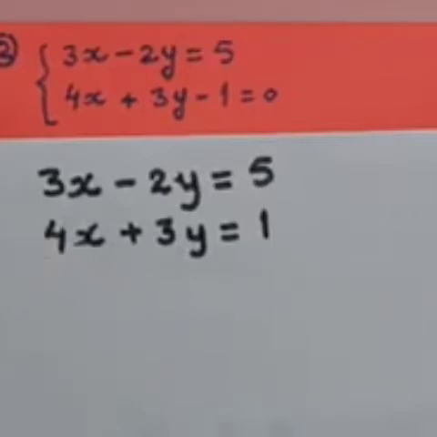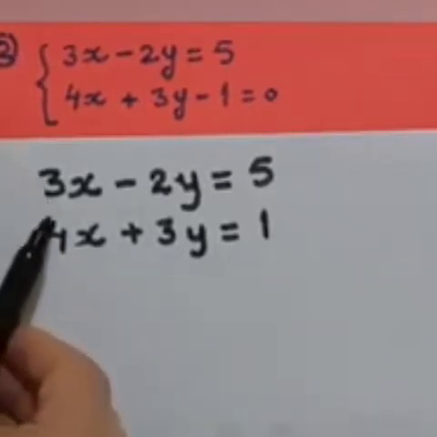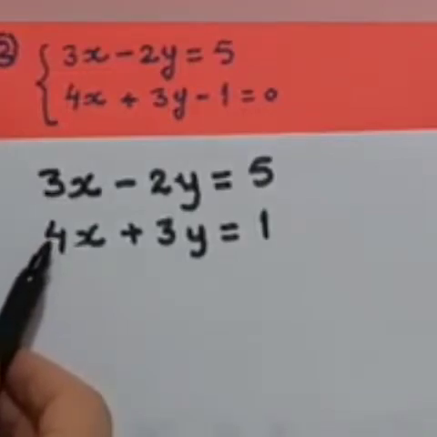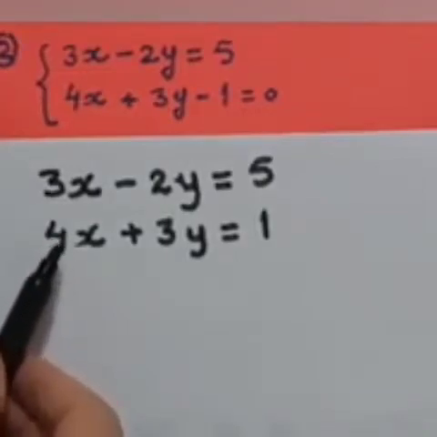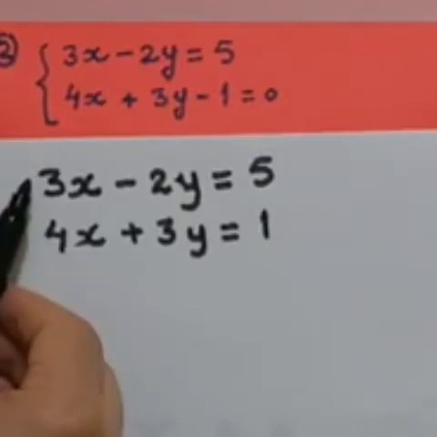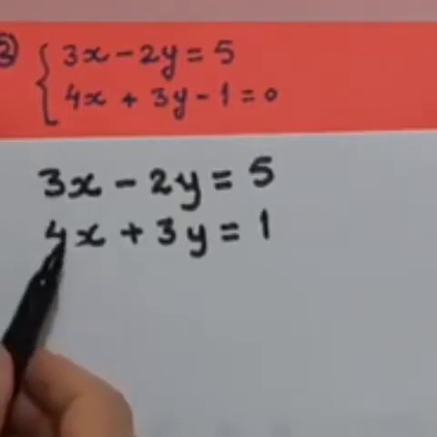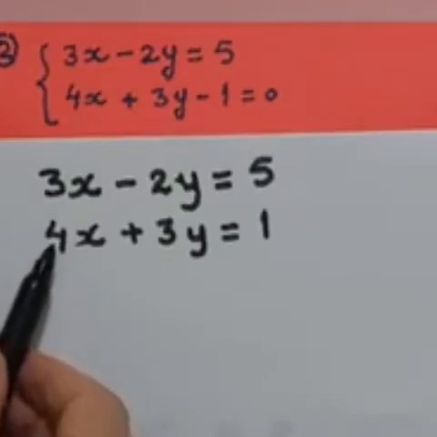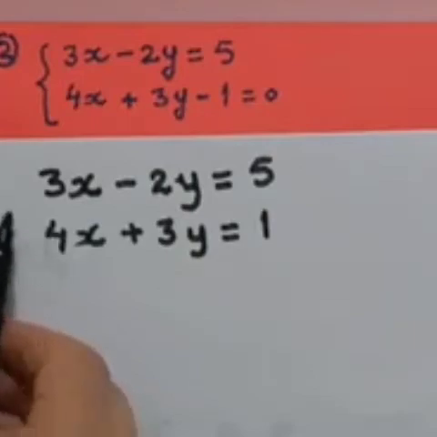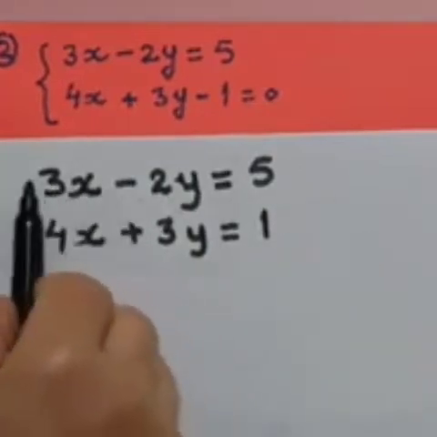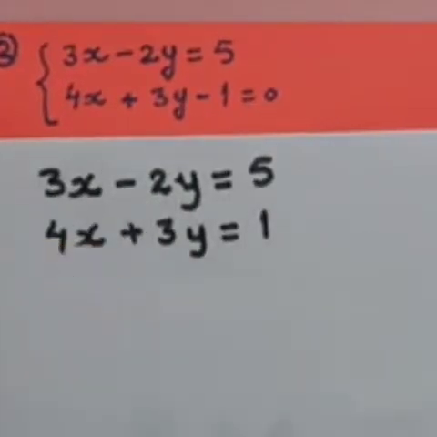If you want to make the coefficients of x equal, that's fine. Just multiply the first equation by 4 to be 12 here, and multiply the second equation by 3 to be here 12 also. So it's your choice. Just focus on one variable. We have to make the coefficients equal.